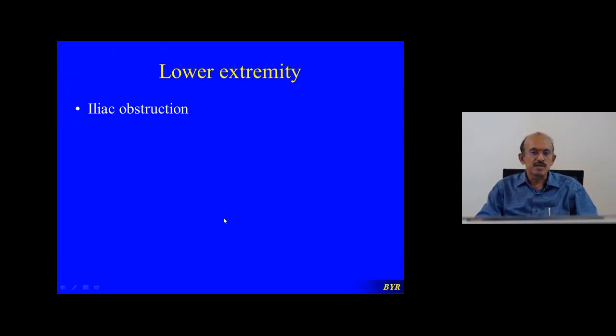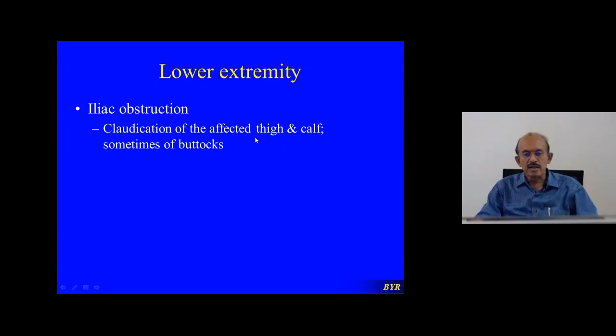Then iliac artery obstruction. There will be claudication of the affected thigh and calf. On the affected side, the patient will have pain in the thigh as well as the calf and sometimes in the buttock. There are absent femoral and distal pulses. Same as Leriche's syndrome, but it is only unilateral and there is no associated impotence.